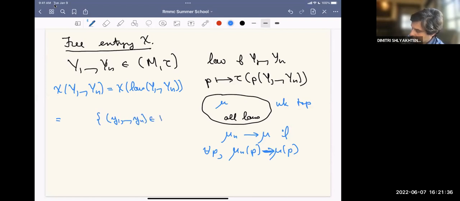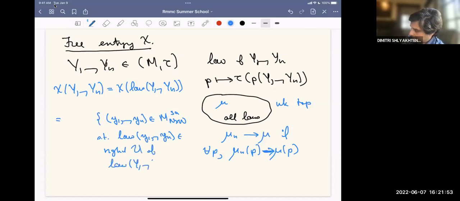These will be N by N matrices, self-adjoint, such that the law of these matrices is in some neighborhood of the law of capital Y_1, ..., Y_n. So I fix some weak neighborhood for this topology, and I insist that my matrices are approximately in that neighborhood. Their law is in that neighborhood.